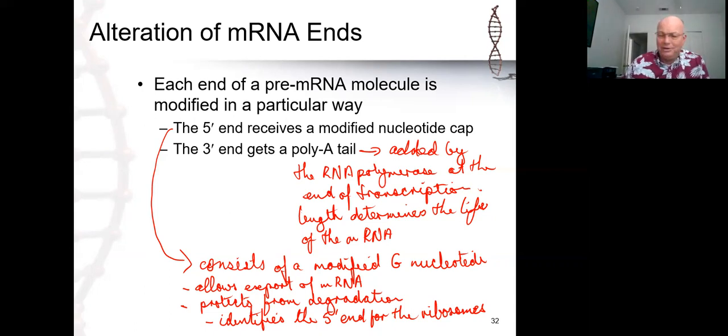In the absence of that cap, those enzymes are going to start chewing it up. So you'd lose the messenger RNA immediately. And even if it didn't get chewed up, the ribosomes would struggle to identify which is the 5' end and which is the 3' end, which means they may not assemble correctly on the messenger RNA if they assemble at all, which is going to totally screw up translation. So the presence of the 5' cap is central.